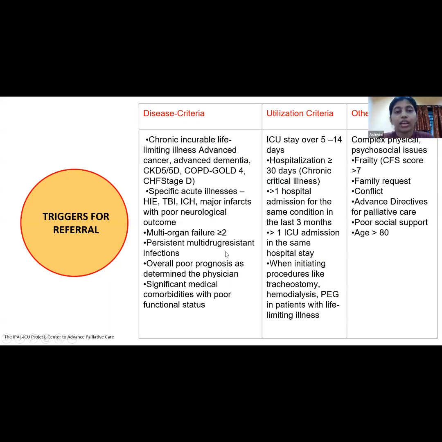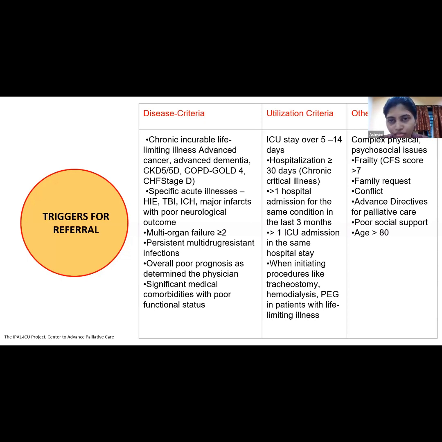Disease criteria: chronic incurable life-limiting illness like advanced cancer, advanced dementia, COPD GOLD 4, congestive heart failure stage D; specific acute illnesses like hypoxic ischemic encephalopathy, traumatic brain injury, intracranial hemorrhage, major infarcts with poor neurological outcome; multi-organ failure; persistent multi-drug resistant infections; overall poor prognosis as determined by the physician; and significant medical comorbidities with poor functional status. These were disease criteria.